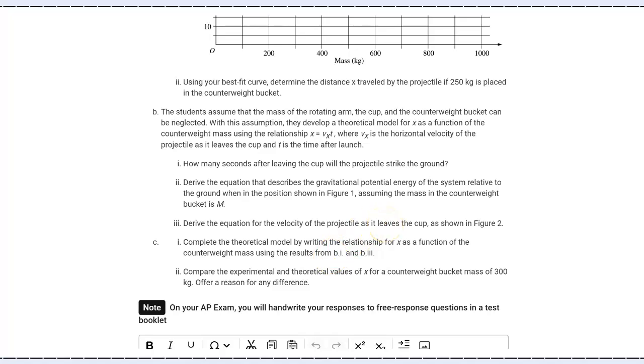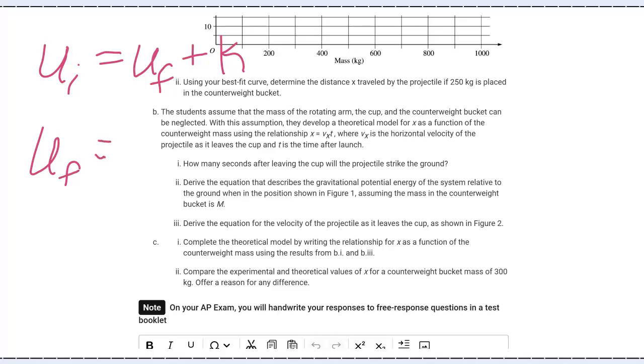So now we're going to need to use our conservation of energy formula. And at the start, we know all we have is potential energy. And then at the end, we have our final potential, and we have our kinetic energy. So we just calculated our initial potential energy. That's 30m plus 300. Now let's calculate our U final. Our U final is going to be mass times 10, this is the bucket, times 1.